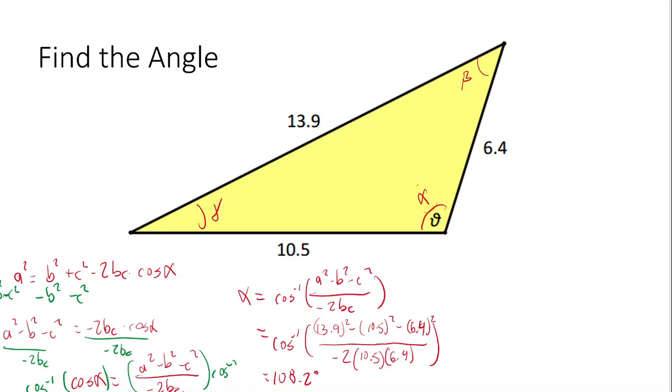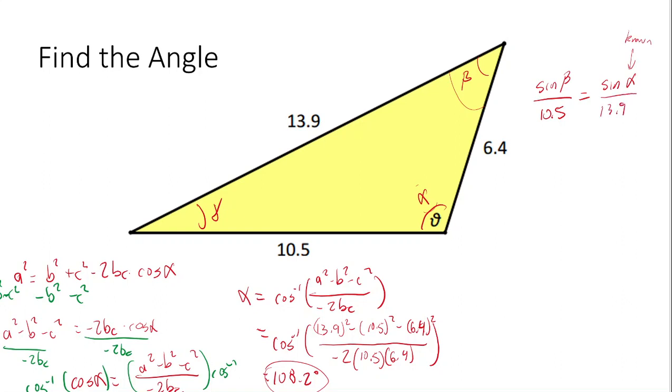So that's cool. Now we can use the law of sines to find beta and gamma, because law of sines again is a lot nicer. But we're going to use this exact value still, not 108.2, but whatever it was when we did our calculator. So let's set up, for example, if we wanted to find beta. The sine of angle beta is to the side length of 10.5, as the sine of angle alpha, which is known, is to the side length of 13.9.